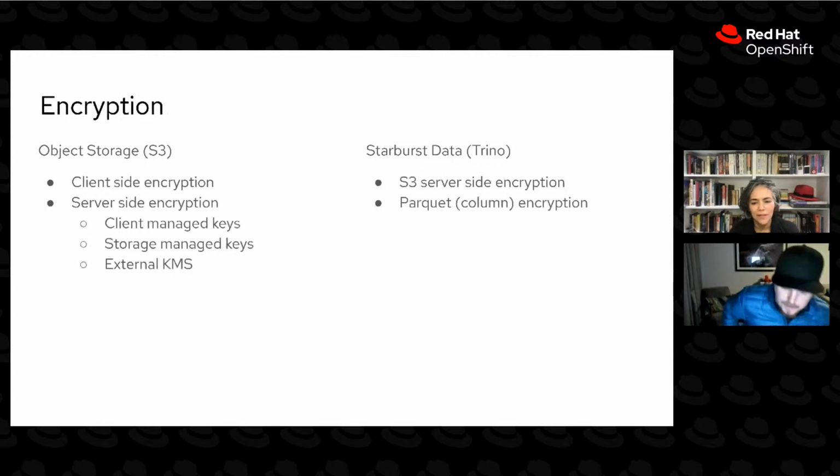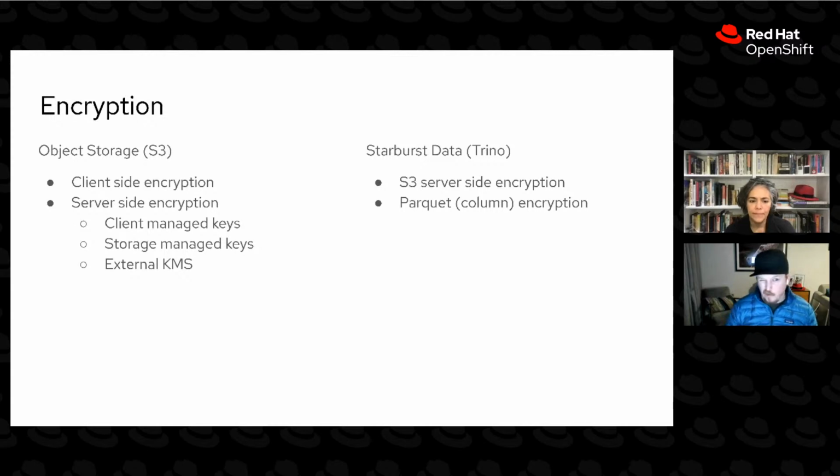And the next thing is of course a hot topic. On the object storage side of things, the SDK is capable of doing client-side encryption and decryption. And you have to manage your own encryption keys. In that case, you can also have the storage system do the encryption for you, and that's server-side encryption.